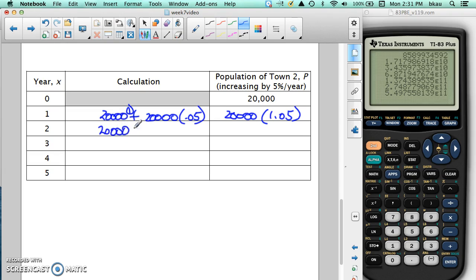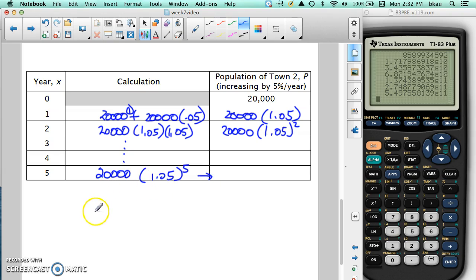So in this case, the next calculation would be 20,000. Since we're growing by the same amount, 1.05 times 1.05. We're multiplying each time. All right, so we got 20,000 times 1.05 squared. And we keep doing that as we get down here. This will continue on, and we'll get down to 20,000 times 1.05 to the 5th power to be the actual increase.